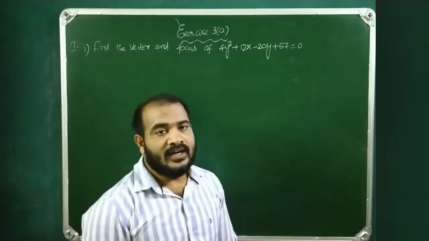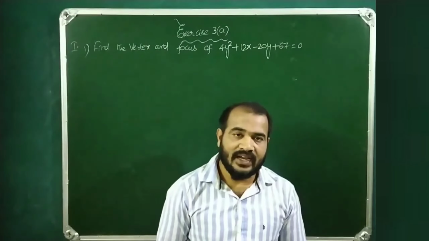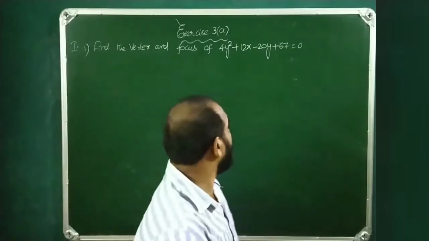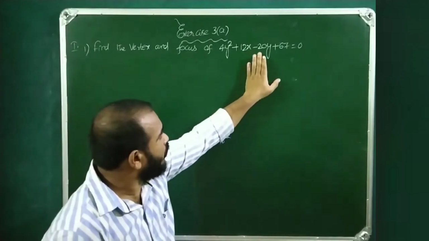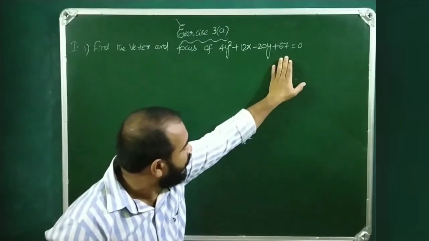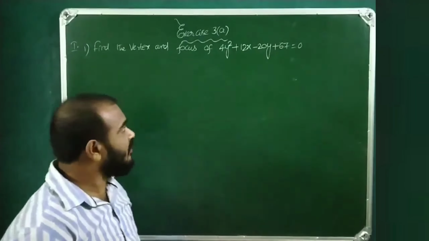Now let us start the exercise 3A. The first problem is, find the vertex and focus of 4y square plus 12x minus 20y plus 67 equals 0.